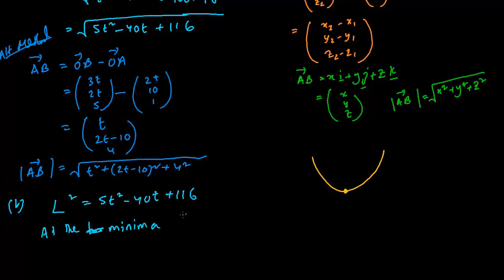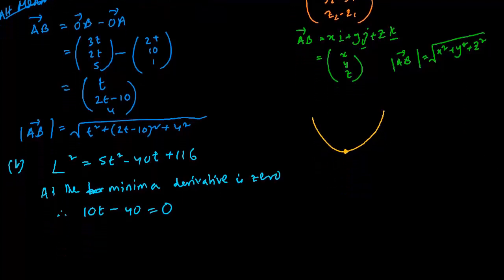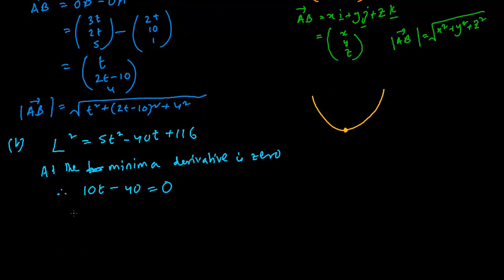At the minima, the derivative or gradient or rate is 0. Therefore, if we differentiate this, it turns out to be 10t minus 40, equals 0. So this is the derivative that we are finding. And from the derivative, we can find the value of t.